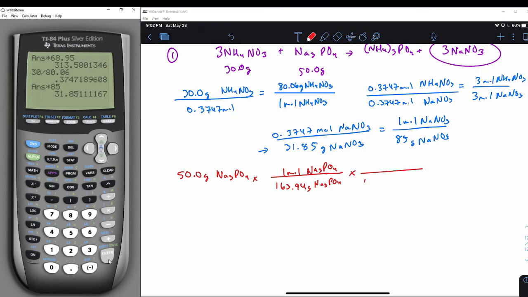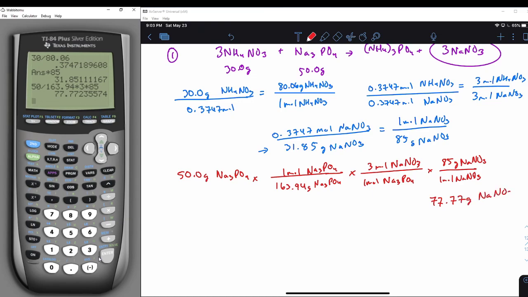And so 1 mole of Na3PO4 is equal to 3 moles of NaNO3. And then 1 mole of NaNO3 is equal to 85 grams of NaNO3. So I will type that in the calculator really quickly. 50 over 163.94 times 3 times 85 gets you 77.77 grams of NaNO3 possible.